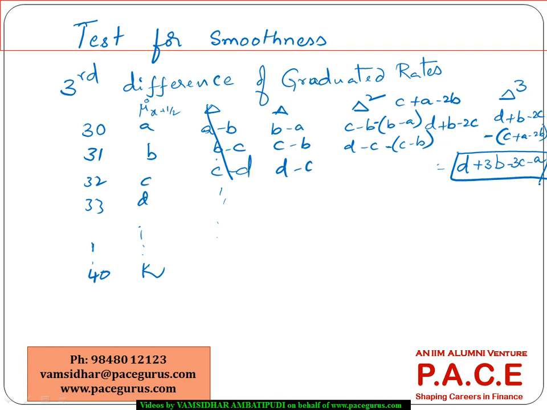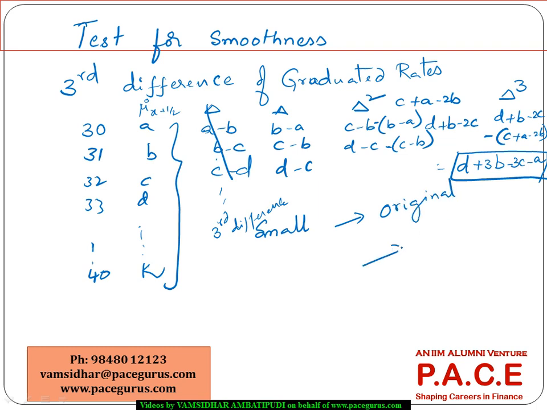Right? In case of this third difference, if the third difference values are very small with respect to the original graduated values, then we say that these graduated rates are very smooth.